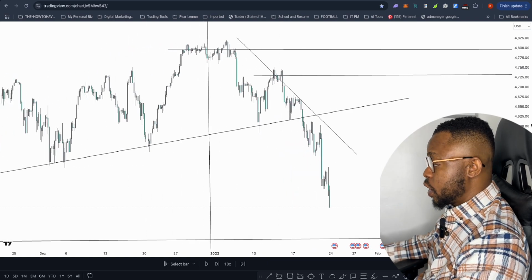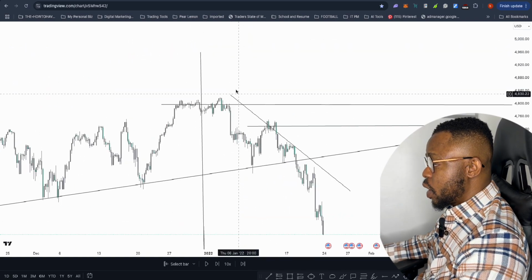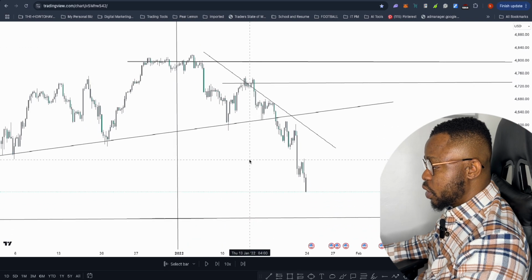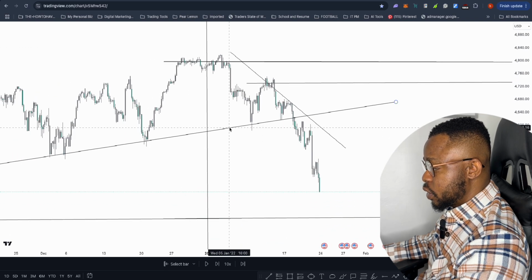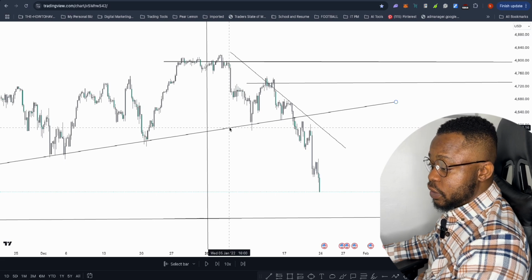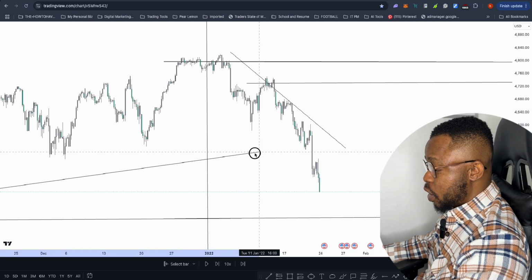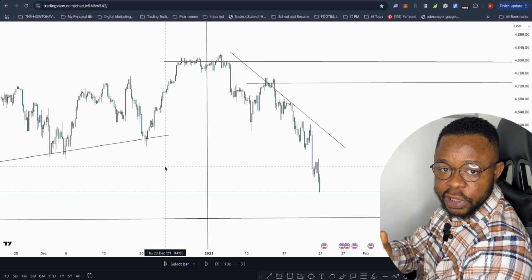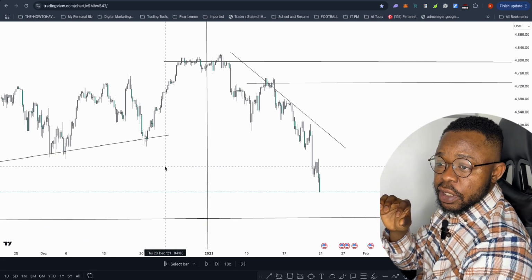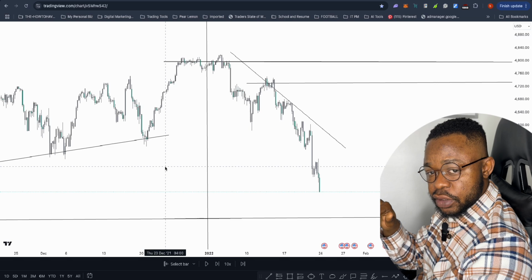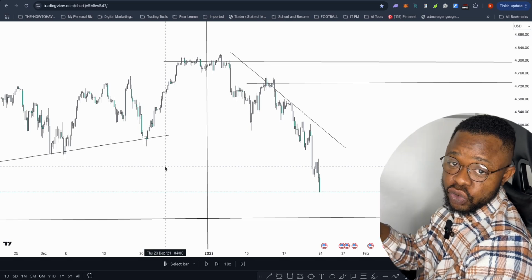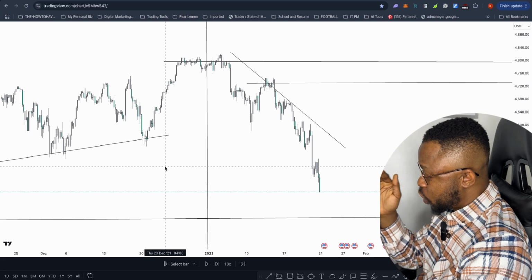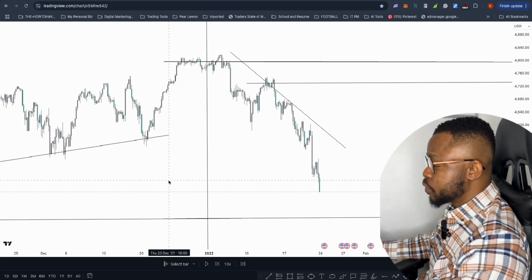So let me align this properly. For me, I'll take the uptrend on the weekly time frame, I'll just maybe move it out, because at the moment that is not the play. The play is a little bit of downtrend, which may result in a big downtrend. We don't know, but the present, what is going on now, is price playing towards the downside.